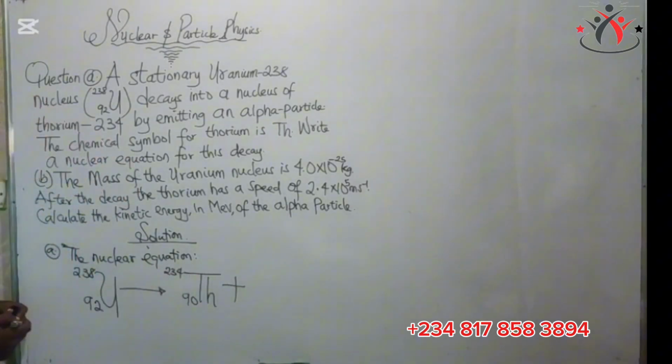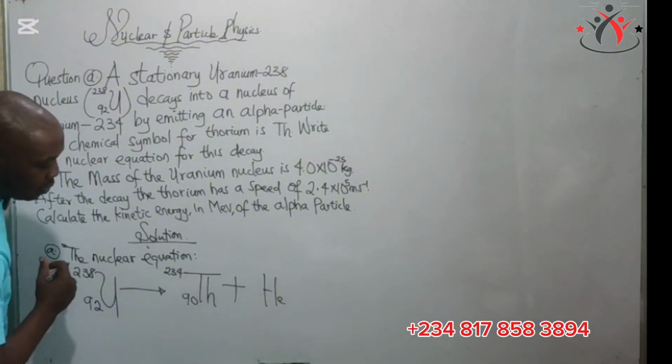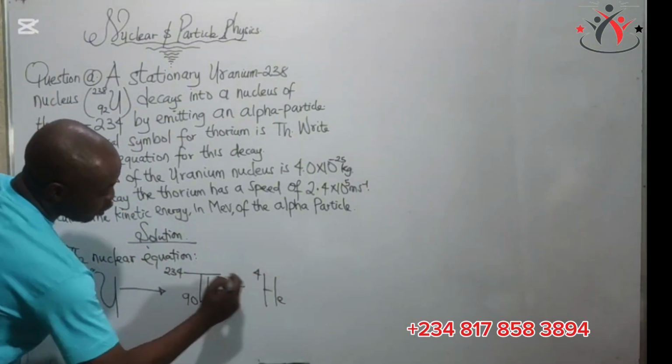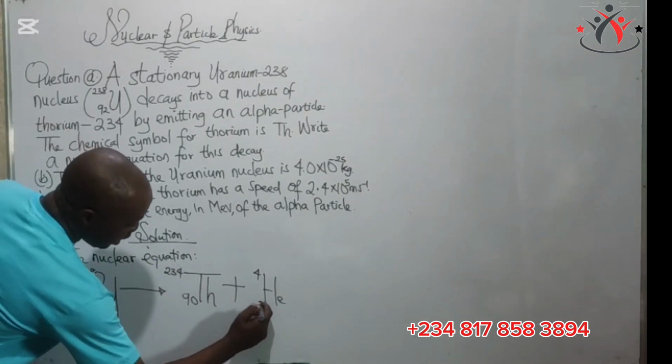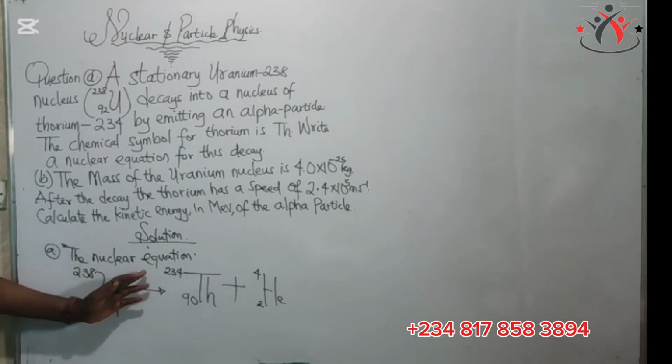It emits an alpha particle, which we know may be represented with a helium nucleus. So we have the atomic mass to be 4 and the atomic number to be 2. So this is the nuclear equation.